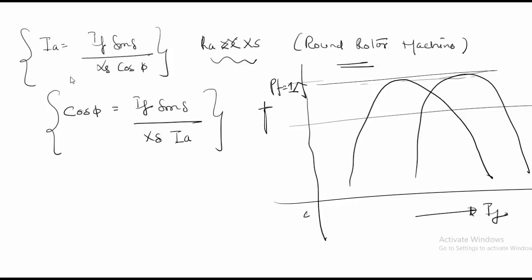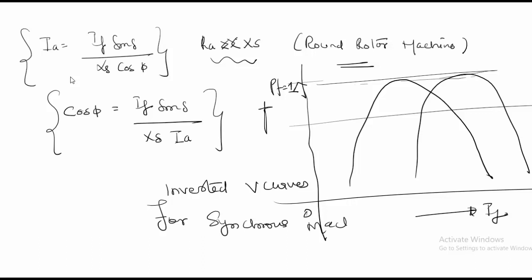This kind of curves are known as inverted V curves for synchronous machines or generators.